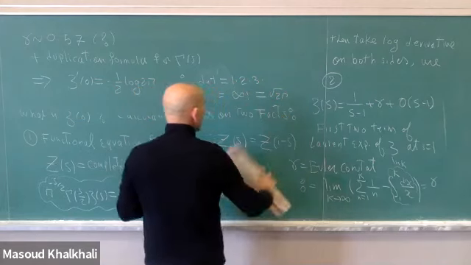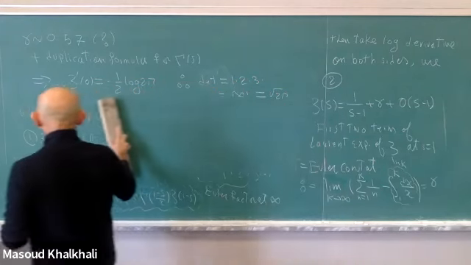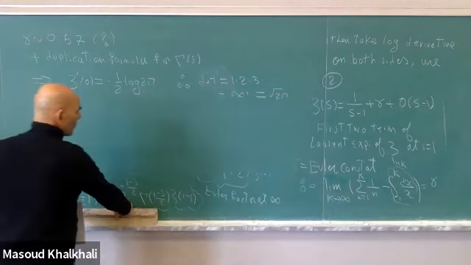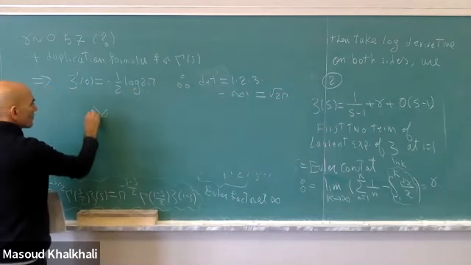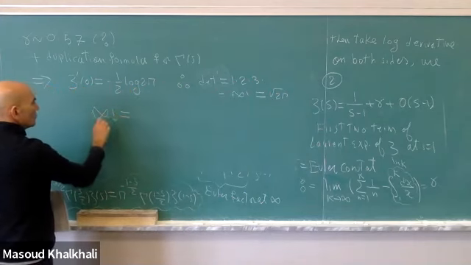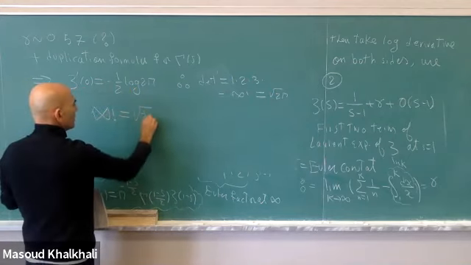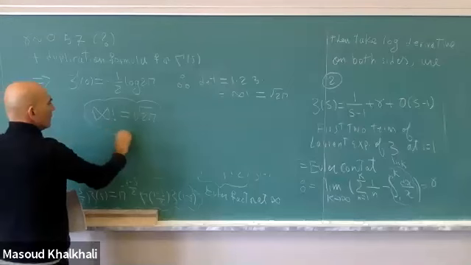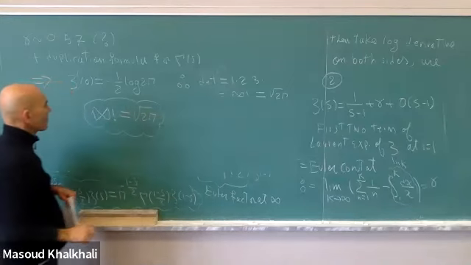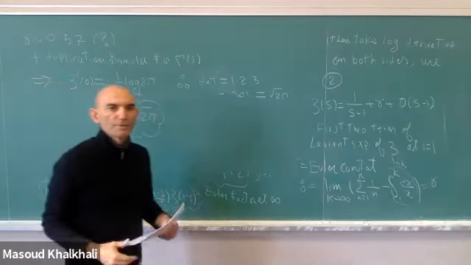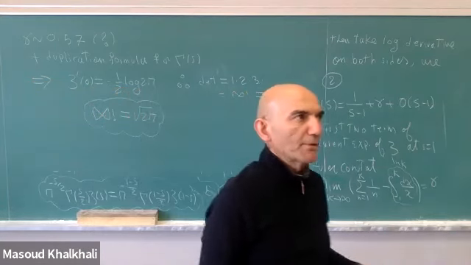So we got this beautiful formula: infinite factorial is equal to root 2 pi. This is a nice formula, right? So infinite factorial is root 2 pi.